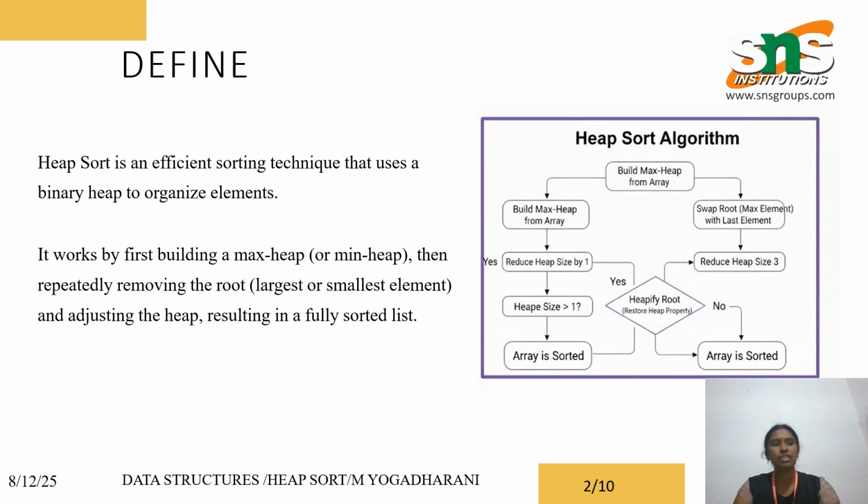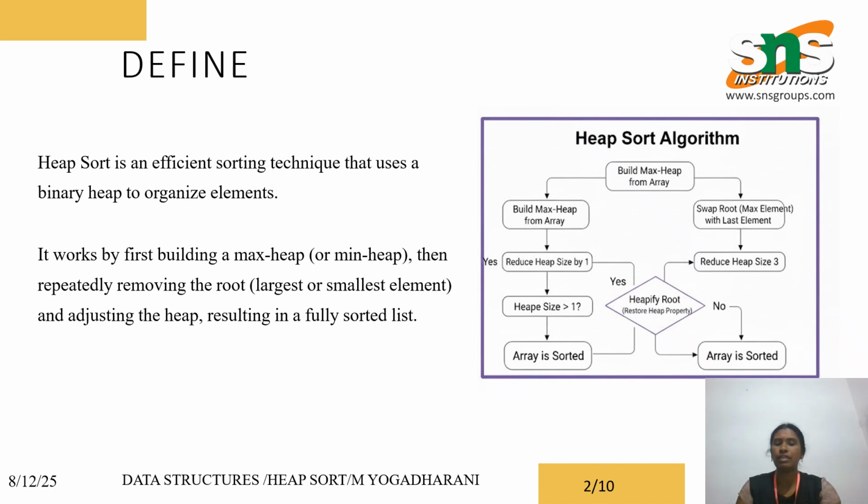Here, heap sort uses the heap data structure to sort an array of elements, and the binary heap behind the principle has two properties. The first one is the structure property: a binary heap builds a complete binary tree, where each parent node is either greater than or less than its child nodes. The second is the heap order property: the tree must be in max heap or min heap order.